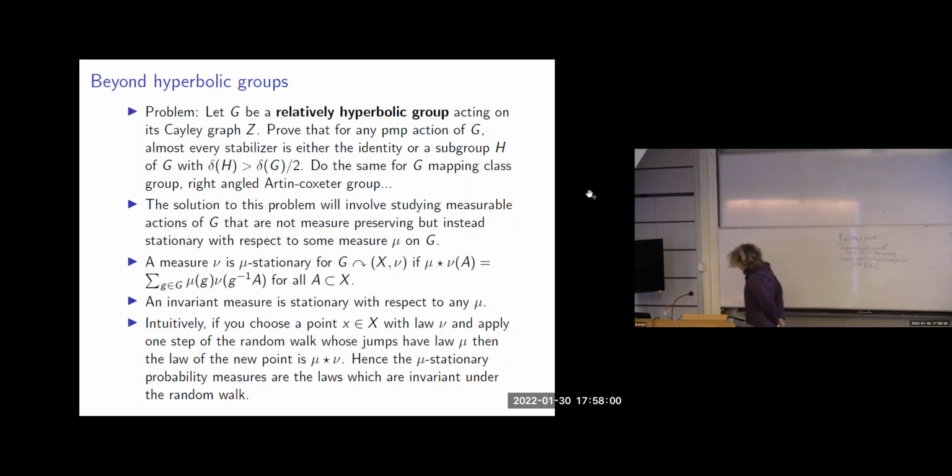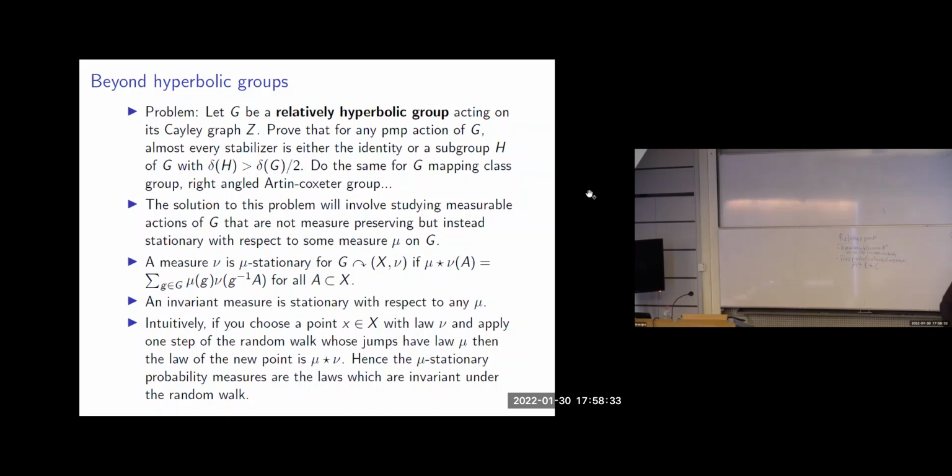studying actions which are not measure preserving, but something called stationary. So what does it mean to be stationary with respect to some measure on G? So you have a measure on G, and you have a measure on the space X, and it's stationary.